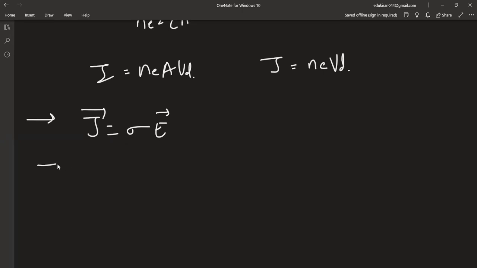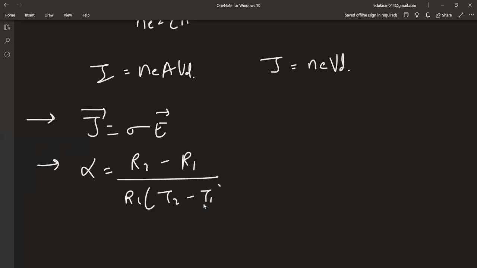Then one more formula we had seen, where we had seen the temperature changes. The temperature coefficient of resistance, alpha, is very important in your lesson. I'll suggest you remember this formula: alpha is equal to R2 minus R1 by R1 into T2 minus T1, because separate questions have been asked.